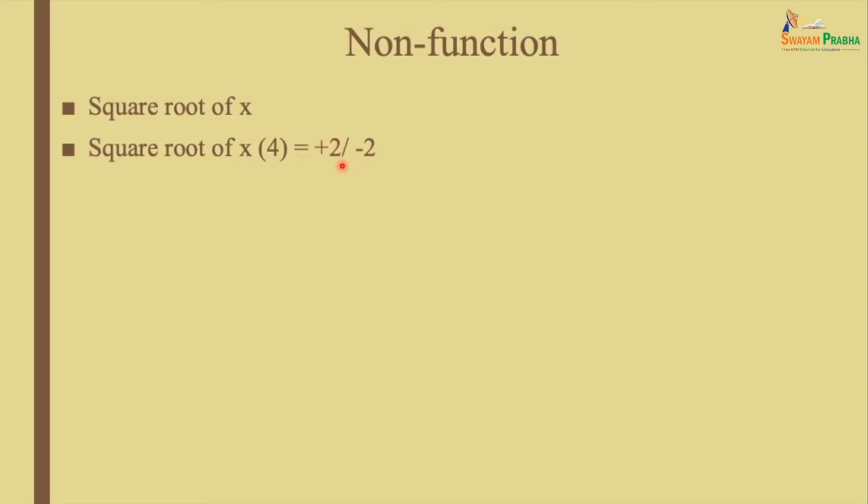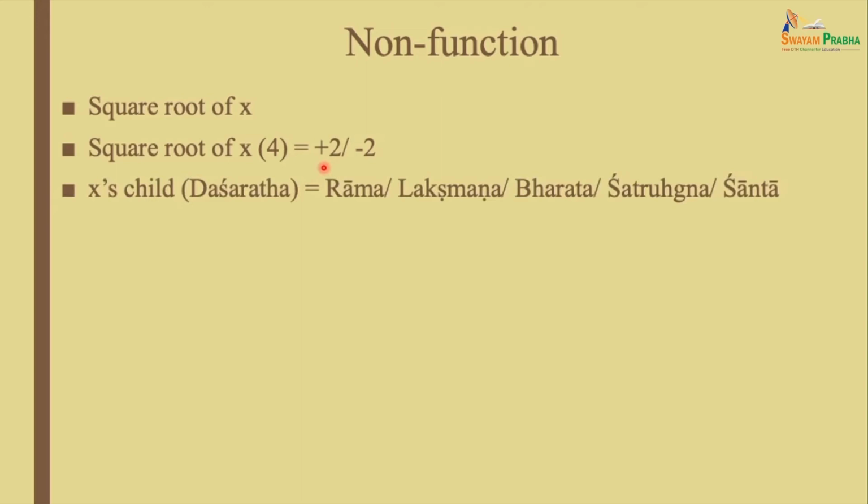So this is not a function, although it's a relationship. Similarly, in our language, x's child is not a function. Why not? Because it takes Dasharatha and then it can give you multiple values. It can give you Rama, or Lakshmana, or Bharata, or Shatrughna, or Shanta. You don't know what it's going to return. That is the reason this is not a function.